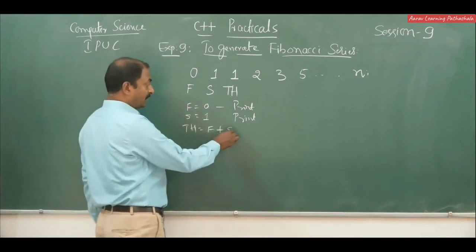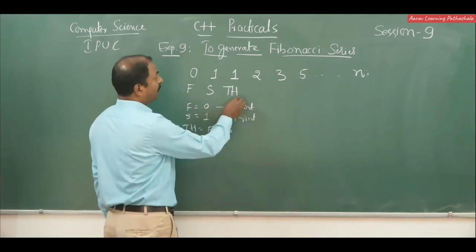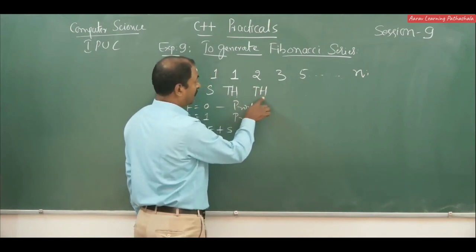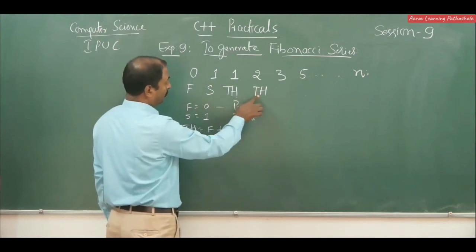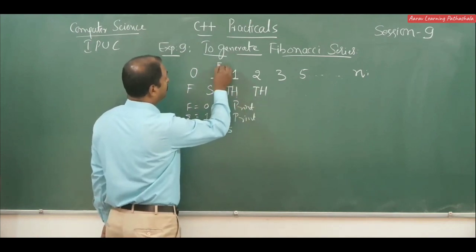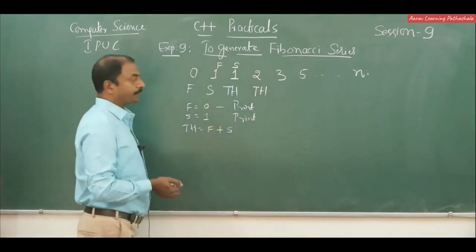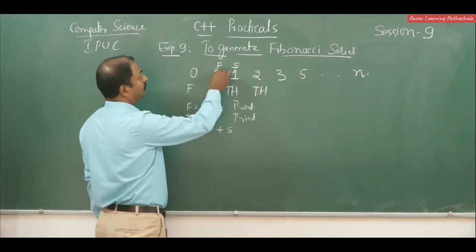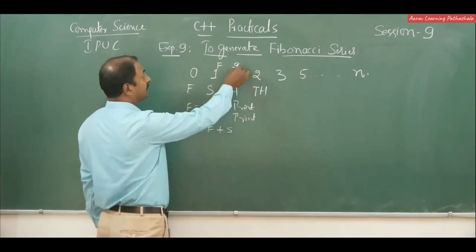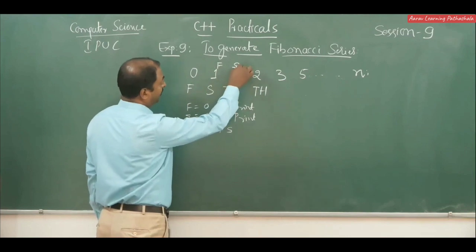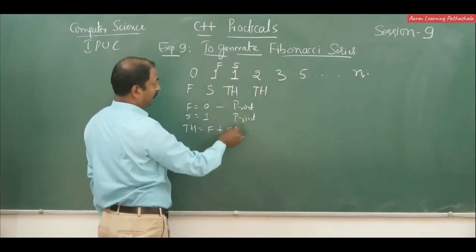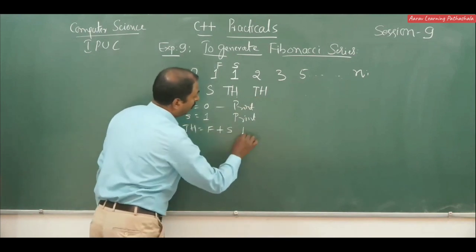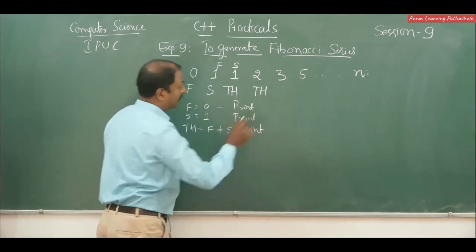Look at the example here. If I want to get the third term, we have to add the previous two terms. So this becomes your first term, this is your second term. Please observe that the second term becomes the first term and the third term becomes the second term. So we have to add first plus second term in order to get the third term. That is what you have to write here. After this, we have to print the third term.